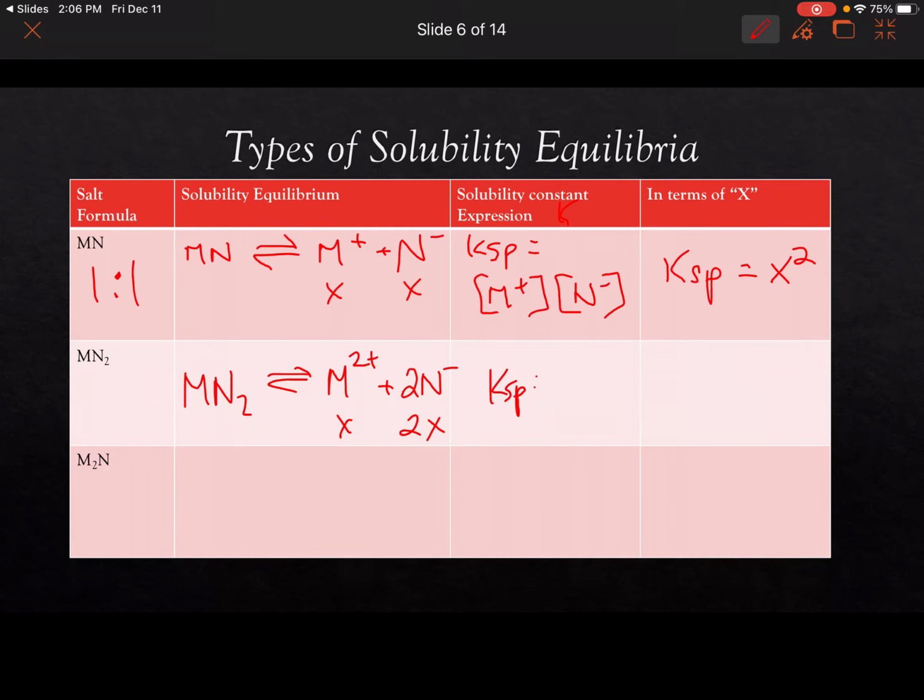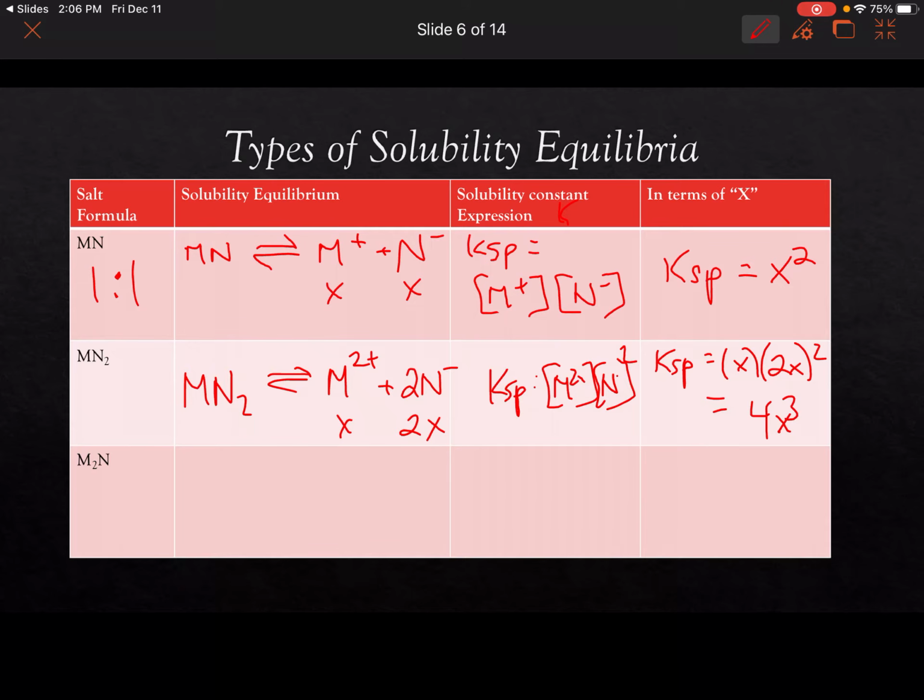So KSP is equal to M2 plus times N minus squared. If we put that in here, our KSP is going to be equal to X multiplied by 2X squared. So if we clean that up, KSP is going to be equal to 4X cubed.